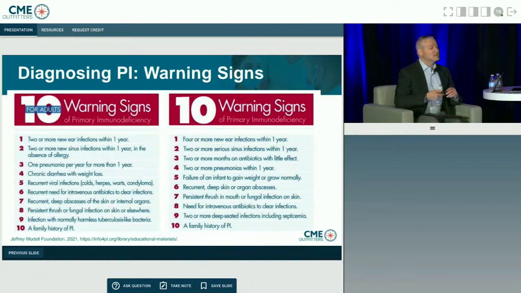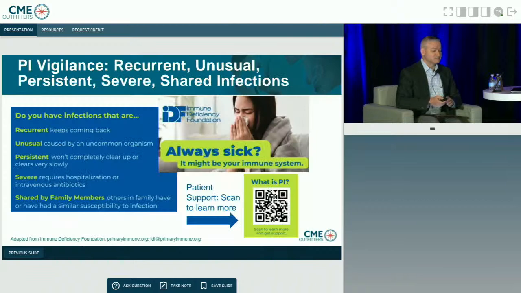And so they were pretty specific about frequency of infection and types of infection in their list of guidelines. And they have one specifically for adults and another one for pediatric patients. The Immune Deficiency Foundation has a different outlook on this, but with the same ultimate goal in regards to making the diagnosis in a timely fashion.